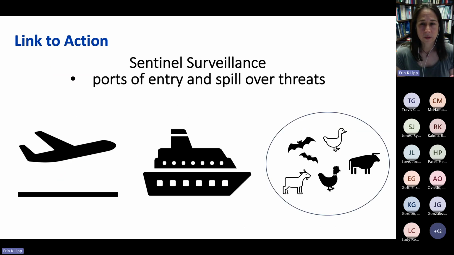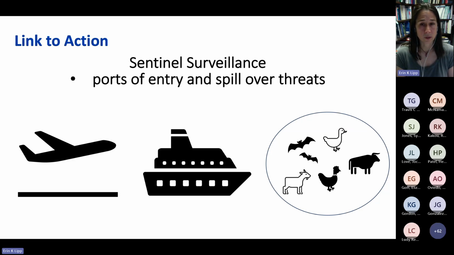Another area where Sentinel surveillance is potentially very powerful is looking at ports of entry and spillover threats. This is particularly when you're thinking about new things that you don't want moving. There's been some really exciting work done in airports. The idea is you're essentially looking at the way international flights land, doing analysis of sewage on those international flights.